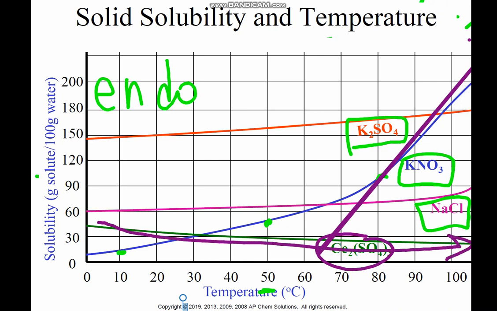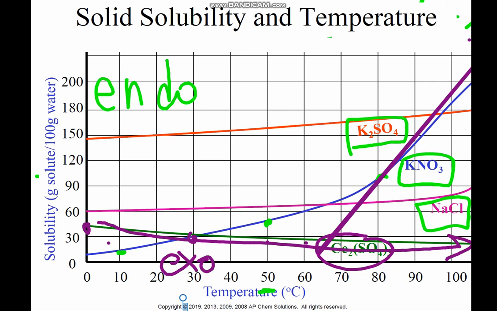So the higher the temperature, the less cesium sulfate can be dissolved in water. And this isn't extremely dramatic, but if we look at 0 degrees Celsius, I can dissolve maybe 40 grams, but then if I move on to 30 degrees Celsius, I can only dissolve 30 grams. And at 40 degrees Celsius and 50 degrees Celsius, it gets lower and lower. Okay, this is an exothermic process.